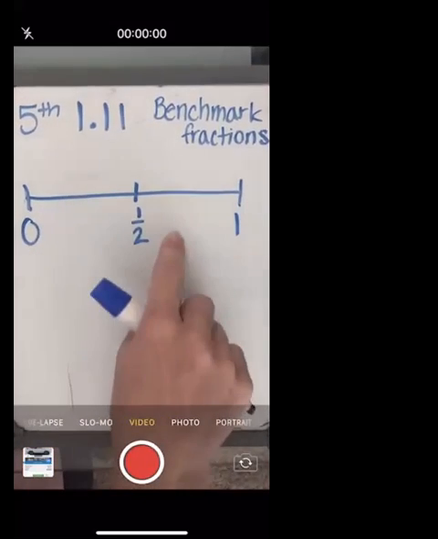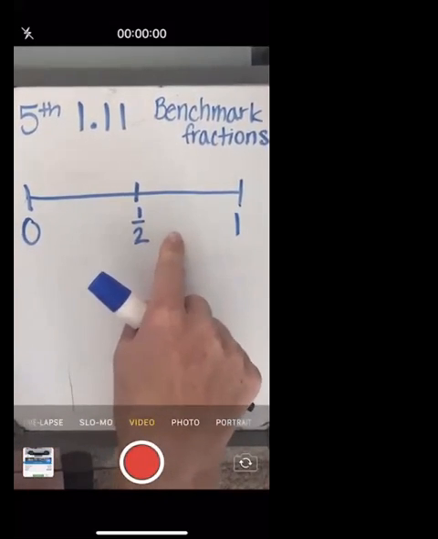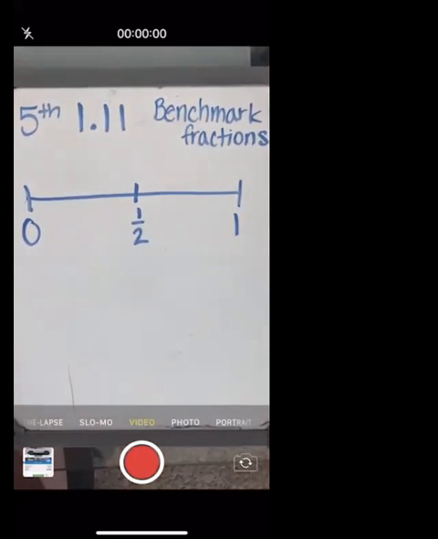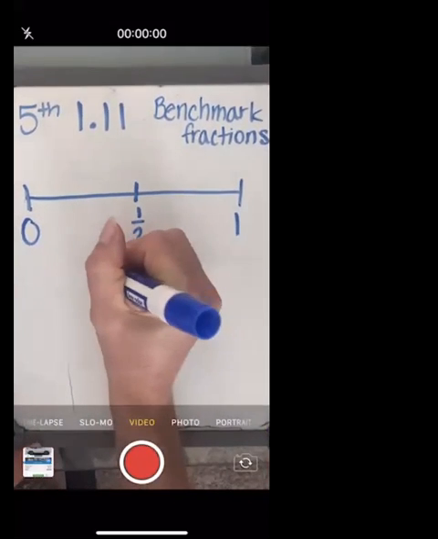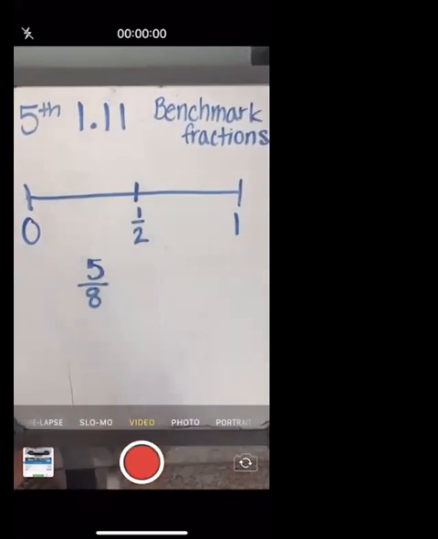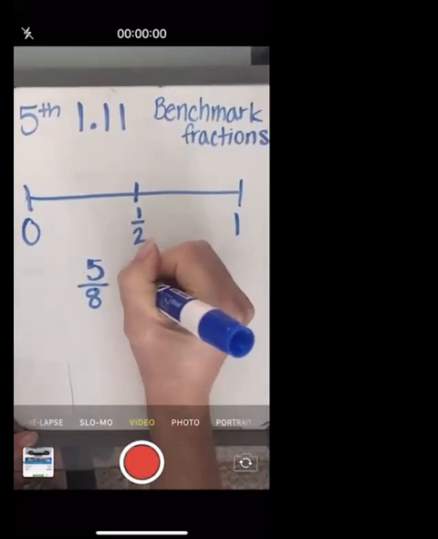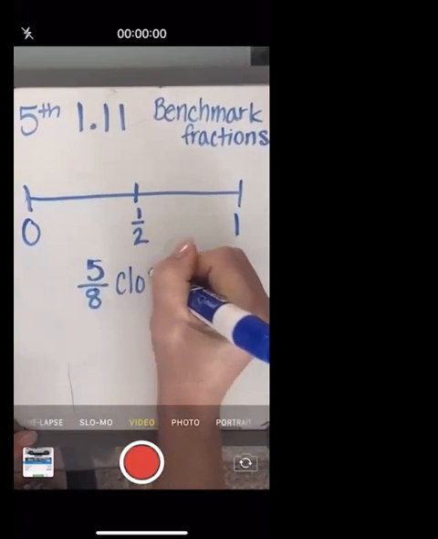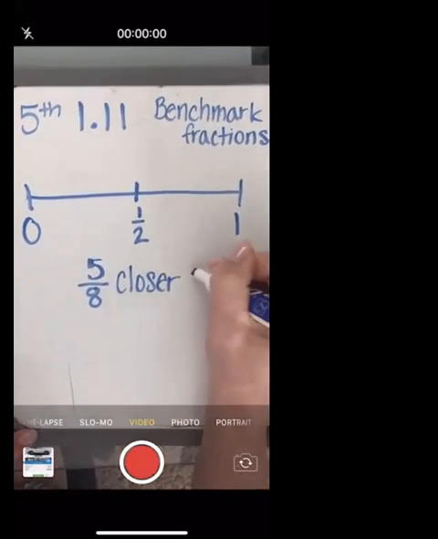So have this in your notebook. When you're thinking of benchmark fractions, you're comparing them to 0, 1/2, and 1, which should be pretty easy to do in our heads. The first one I want to give you is 5/8. Is 5/8 closer to 1 or closer to 1/2?